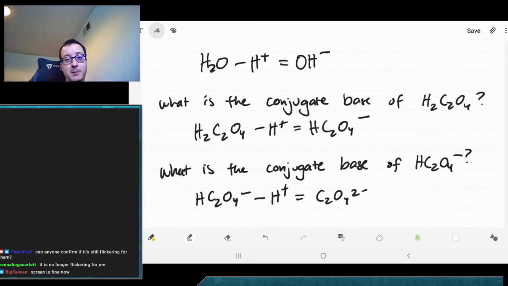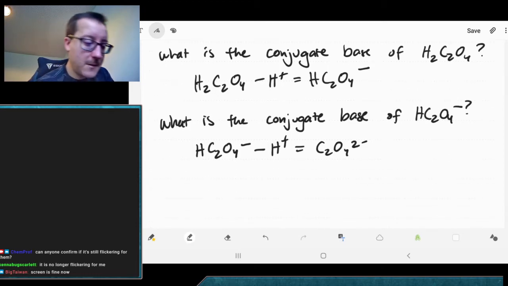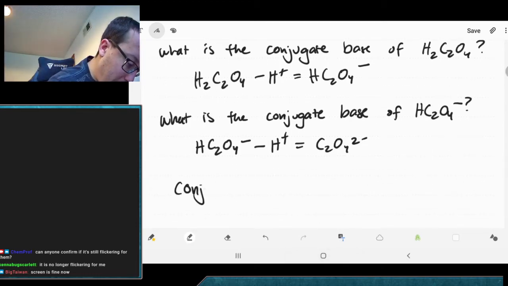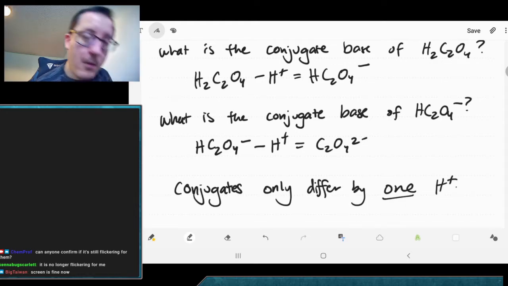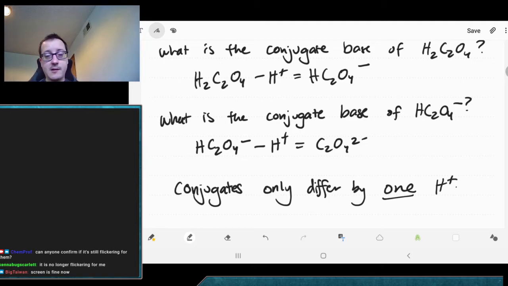It is not the conjugate base of oxalic acid. Conjugates are only different by 1 proton. So either they'll have gained it or lost it, but there's only 1 proton difference for a conjugate pair.